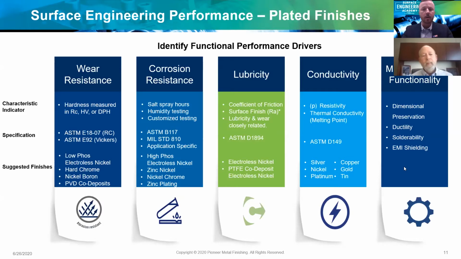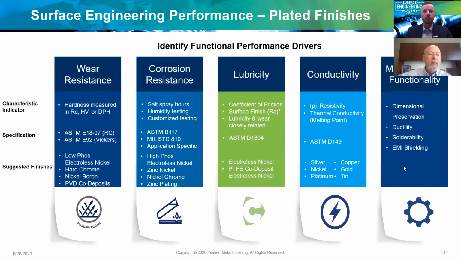So Steve, walk us through the most common attributes that we'd be after at the design phase and looking to solve those issues. Well, wear resistance. There's platings that are much harder than base metals that are used to manufacture parts. One of the most critical attributes you'd be looking for is how hard is the plating. Unfortunately, you can't use standard Rockwell testing to test the plating, so you do have to do micro sections and do micro hardness.